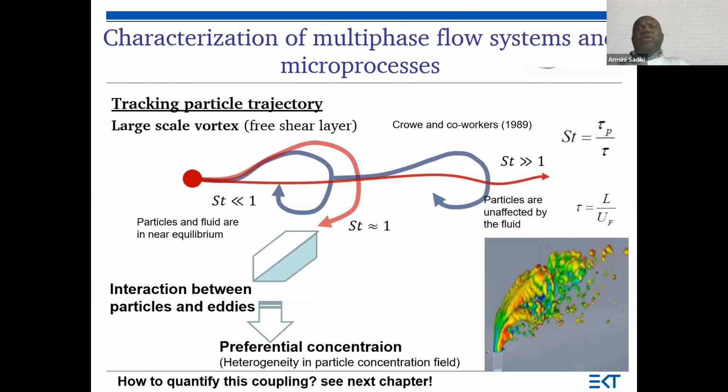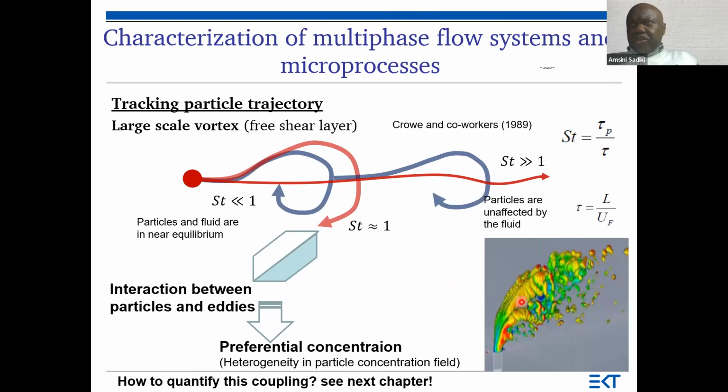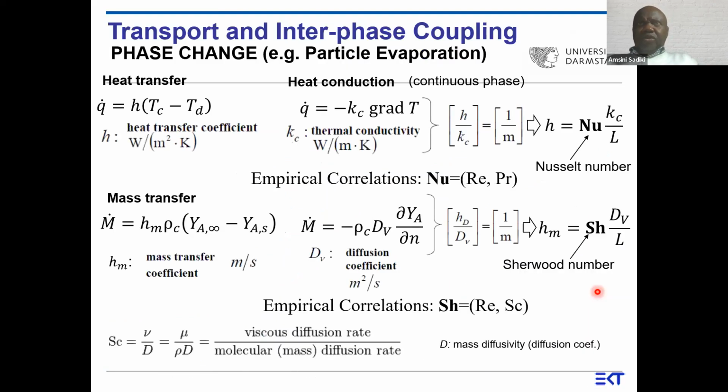Here I also put one figure to show how the particle moves in the case of a jetting cross flow. This was a rough calculation we did in the past. We see that the particle tries to follow the gas phase if the Stokes number is very small.